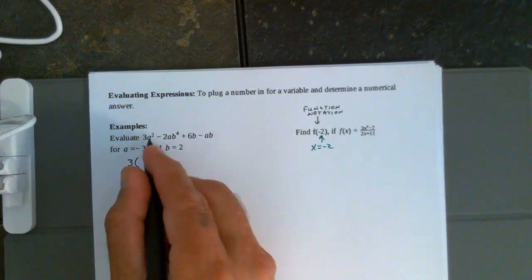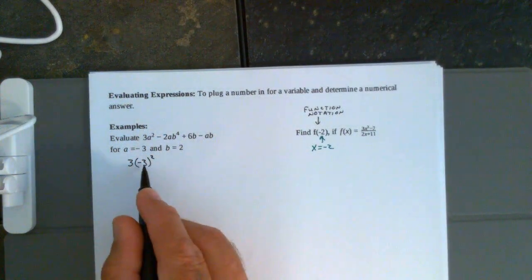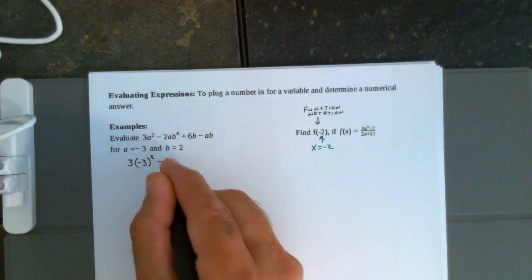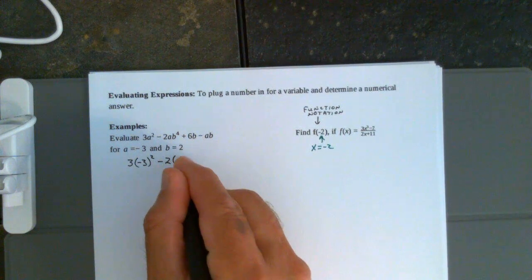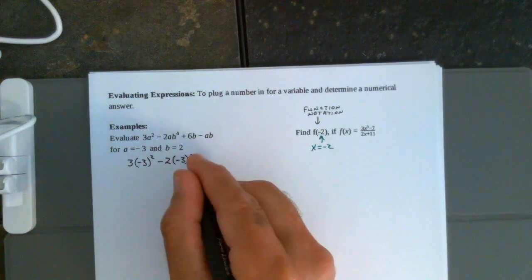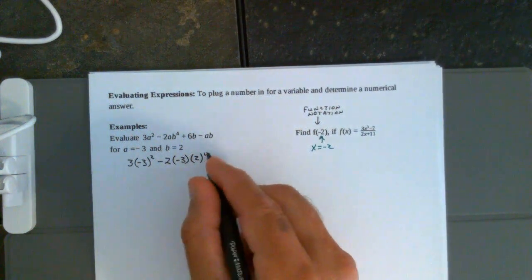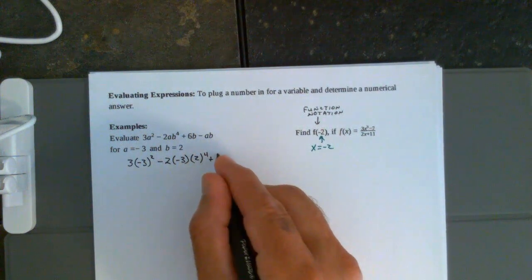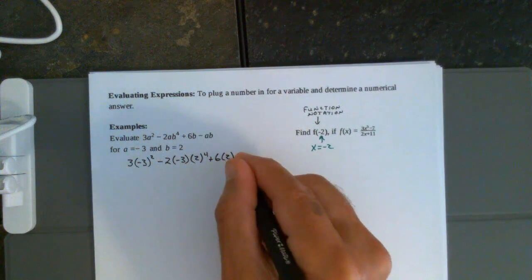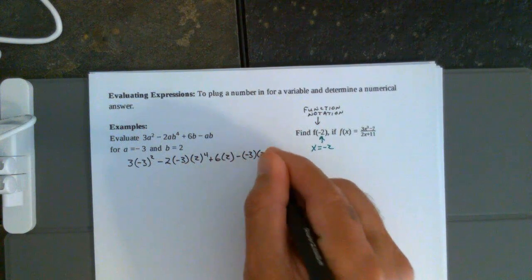So a is -3, so I replace that a with a -3 so that it now says 3 times (-3) squared, because a is -3, minus 2 times a, which is -3, and then we have b to the 4th, b is 2 to the 4th power. Then we have 6 times b, and b is still 2, and then we have minus a, which is -3, times b, which is 2.